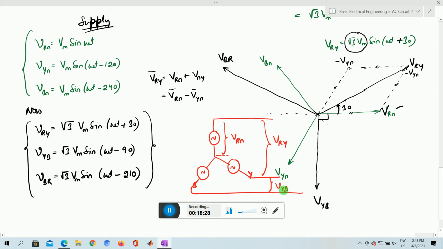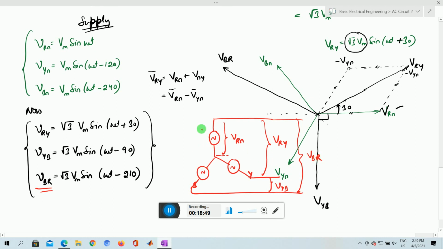When we say VBR, it is actually the potential of B with respect to R. So you are giving a potential of B with respect to R, and in that way you are giving the supply side.